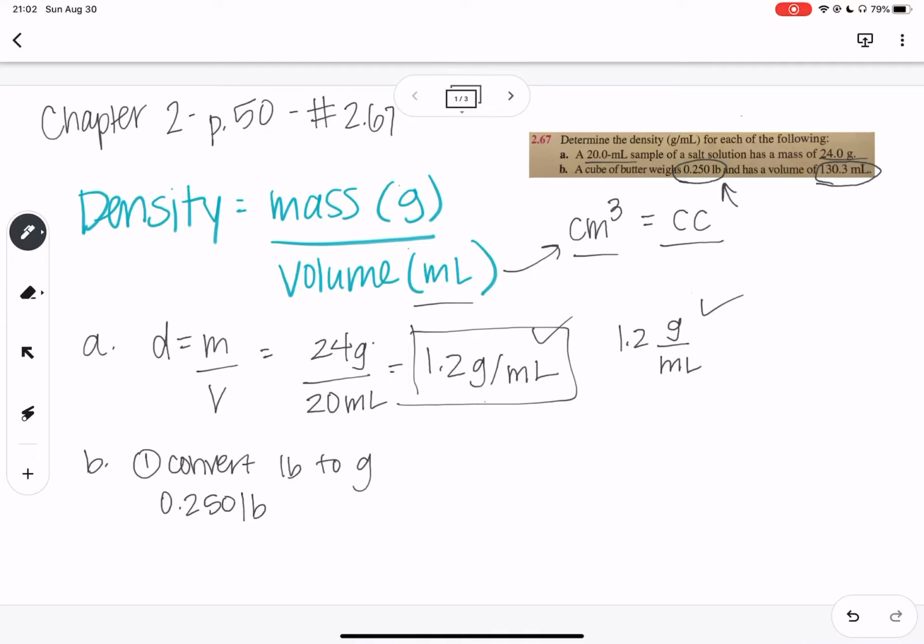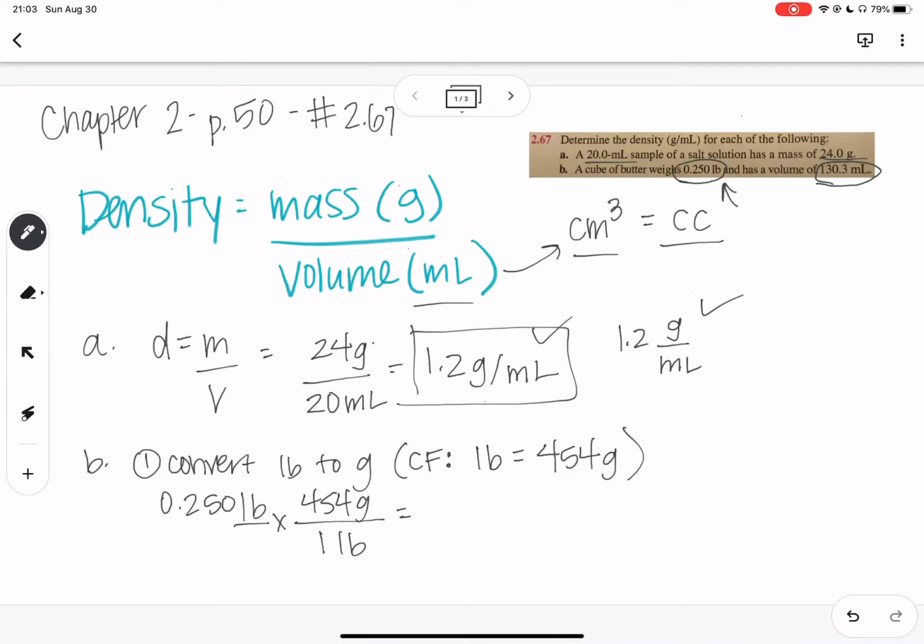So let's do 0.250 pounds, and I need to convert that to grams. If I look that up, the conversion factor is 1 pound equals 454 grams. Because I have pounds here, I need pounds on the bottom. So that's 1 pound on the bottom, and that's equal to 454 grams.